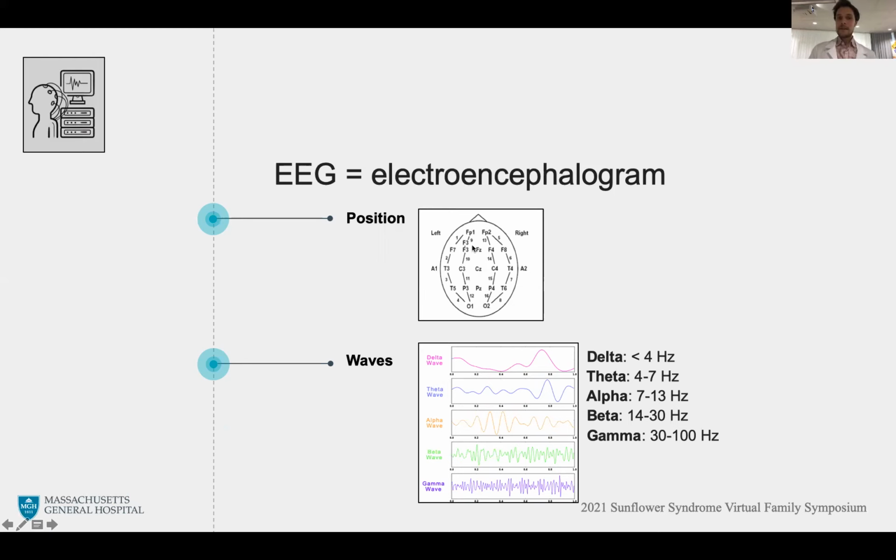For example, if the computer says FP1, then you know that the signal is coming from the frontal part. The uneven numbers 1, 3, 5, and so on are on the left side, and the even numbers like 2, 4, 6 are on the right side. So this is very general, very basic. And then we can see a signal.